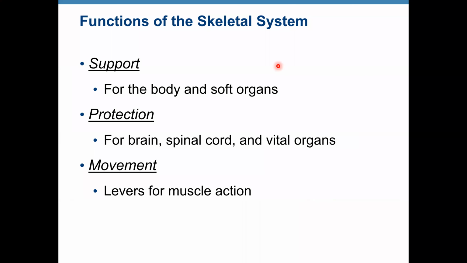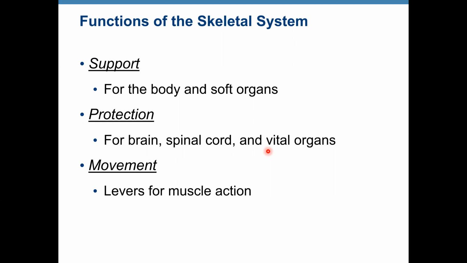So we're going to start with functions of the skeletal system. The skeletal system allows support of your body, and it also supports soft organs. Protection, for example, cranial cavity for brain protection, vertebral cavity for spinal cord protection, and it also protects vital organs.